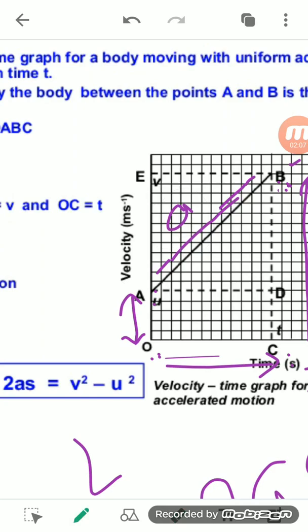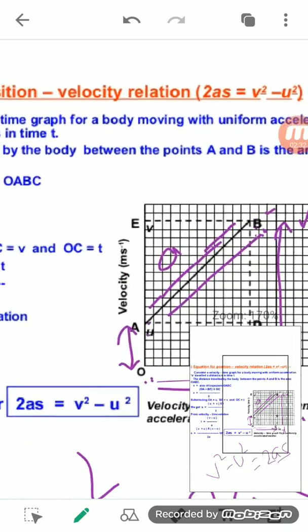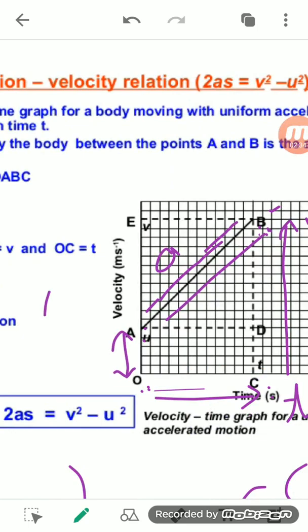Because this is a velocity time graph, and in a velocity time graph the slope represents the acceleration. Since it is a straight line, AB represents the uniform acceleration. So this is the velocity time graph for a body moving with a uniform acceleration a and traveling a distance S in time T.